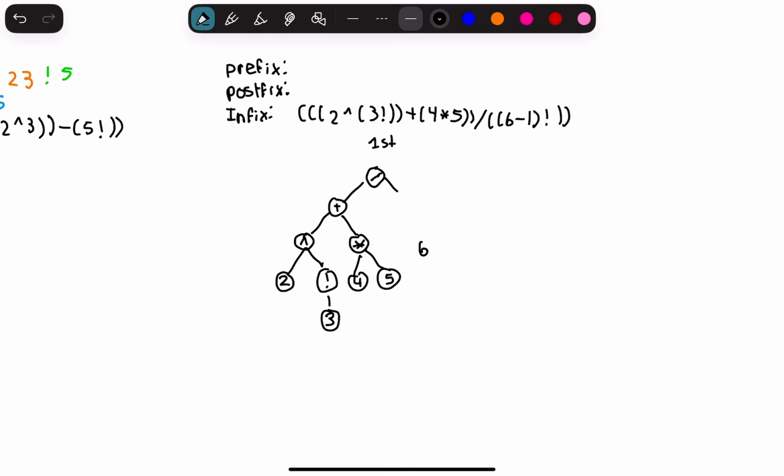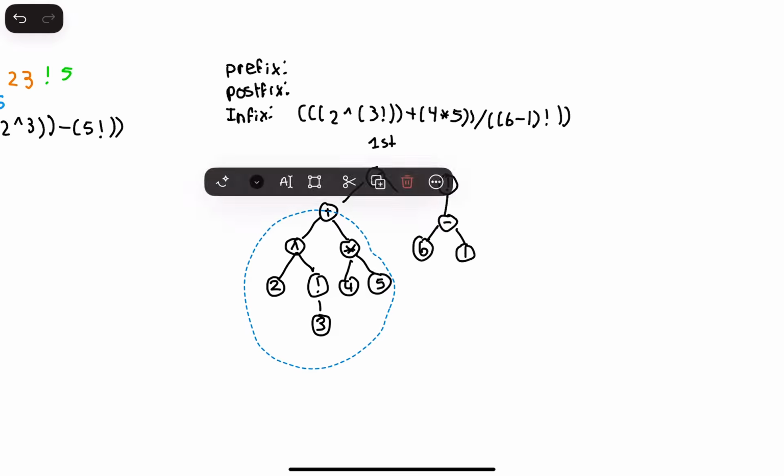So it's going to be down here. And then this is going to be that expression, and we kind of ran out of room.